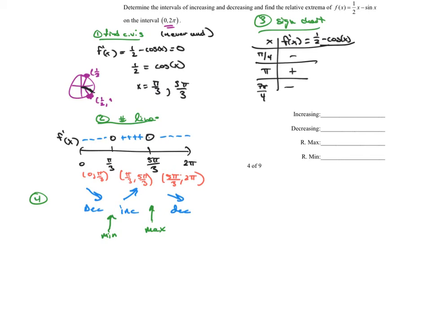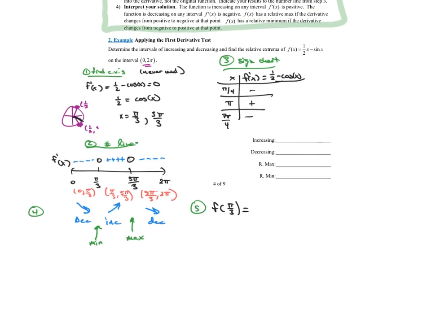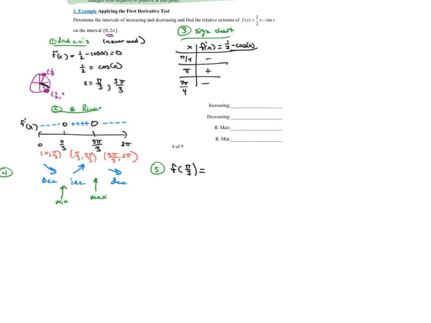So let's actually find the point here. This is going to be step 5, finding the actual point. So I know f of pi over 3, putting that into the original function, would be 1/2 times pi over 3 minus cosine of pi over 3.